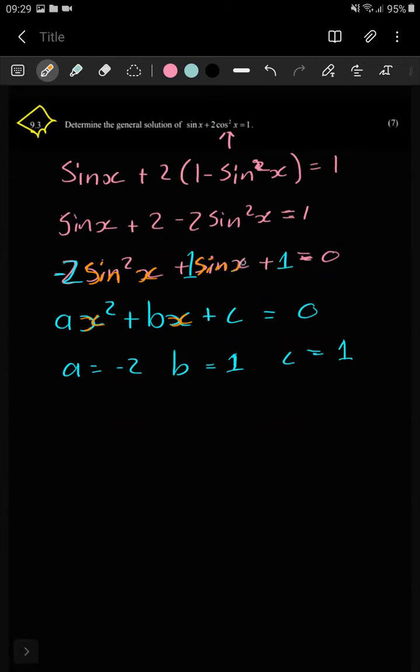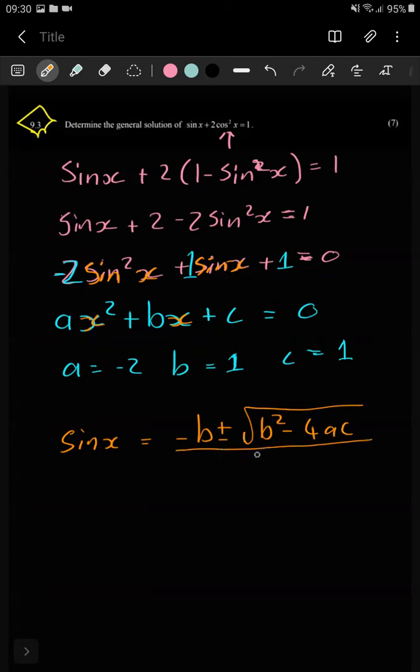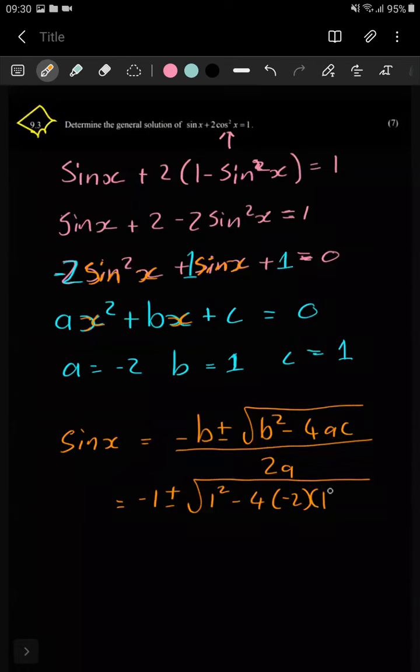So when we use the quadratic formula, sine x is equal to minus b plus or minus the square root of b squared minus 4ac, over 2a. And then we're going to have b is 1, so 1 squared, a is -2, c is 1.